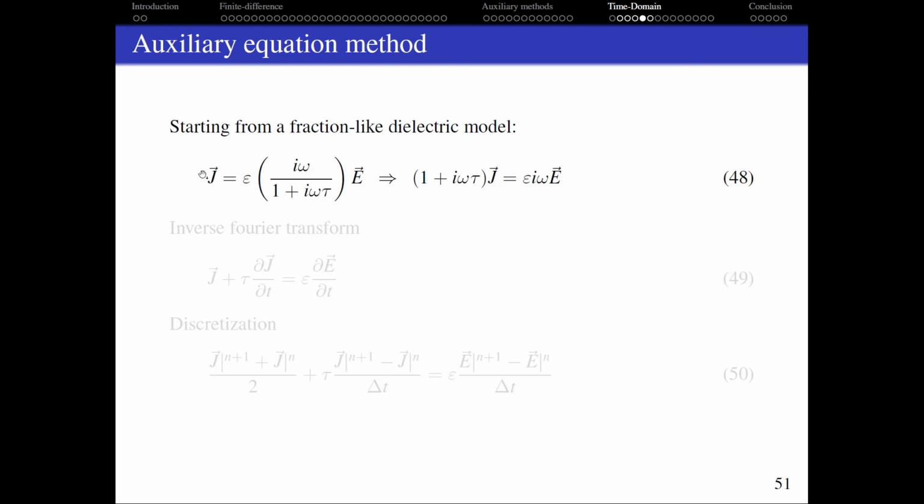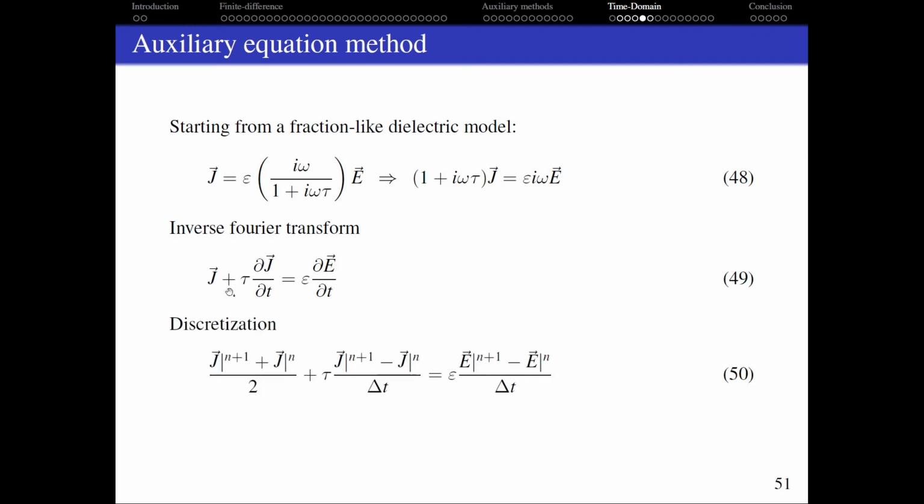If it's a nice fraction-like model like this, we can basically multiply both sides by 1 plus, well, all this stuff. But we can perform on this an inverse Fourier transform directly, because those terms turn into time derivatives. This is in the definition of the Fourier transform. This is very convenient. And we can discretize this stuff.